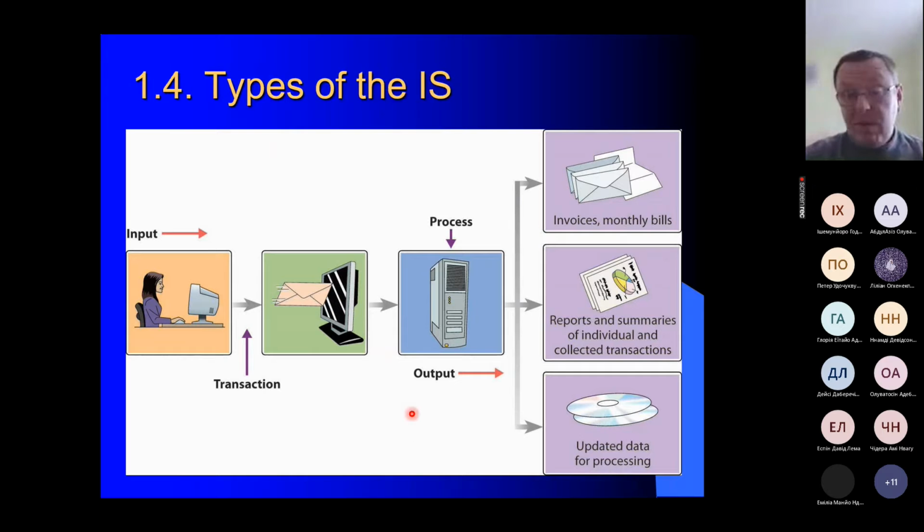And a typical example of how it works is when we send an email or a report. So a transaction is an atomic operation which passes through the delivering process.